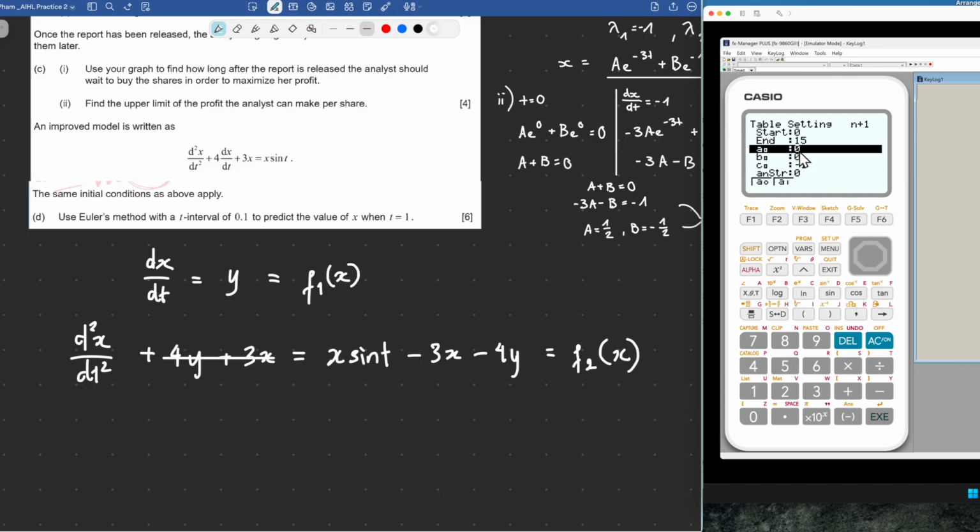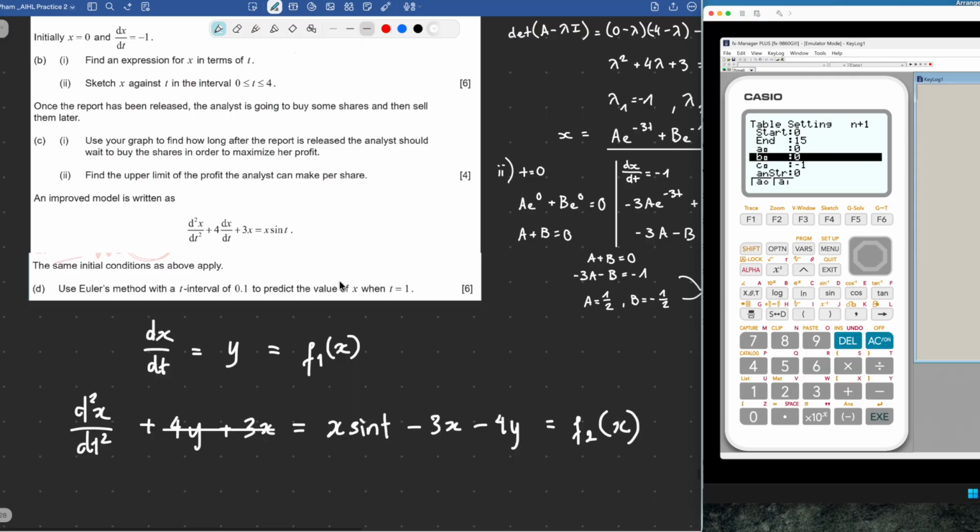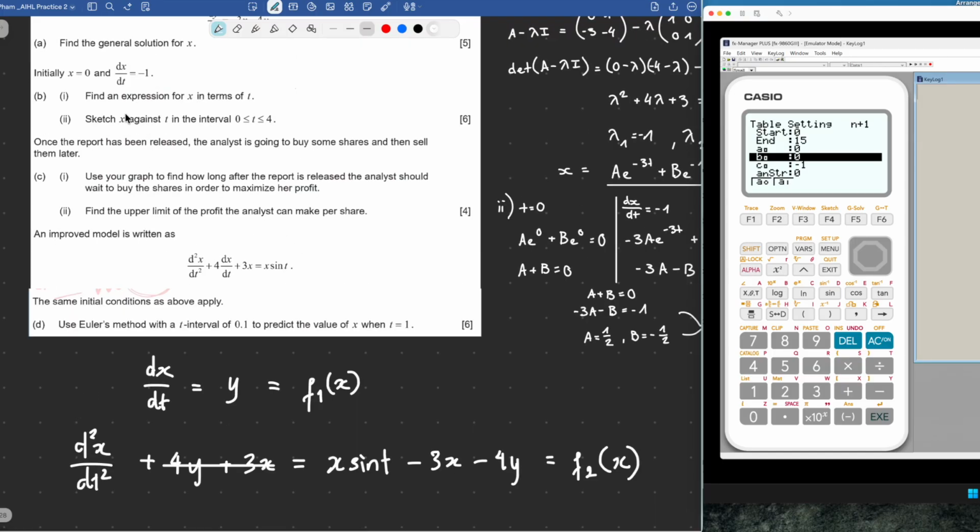Bn is the initial price of the stock x, given in the initial condition. The value is 0. That's weird, but anyway, it is 0. And c0 means dx over dt, which is -1. So all the initial conditions are set.